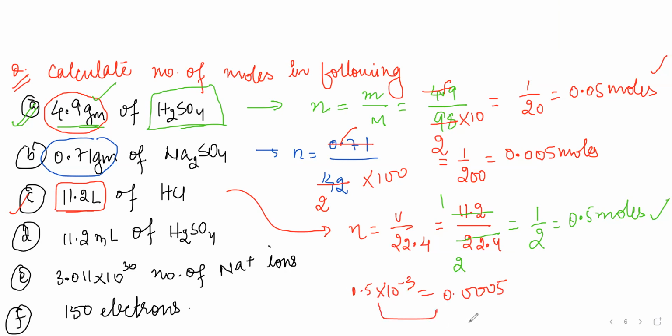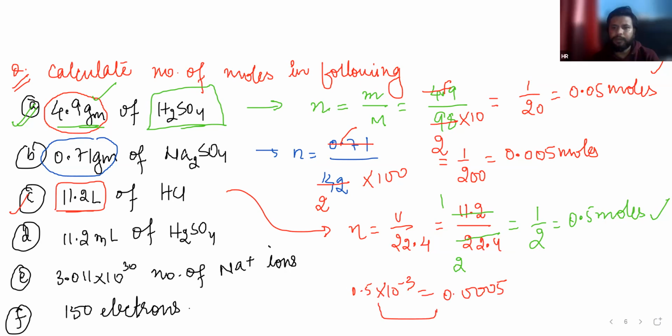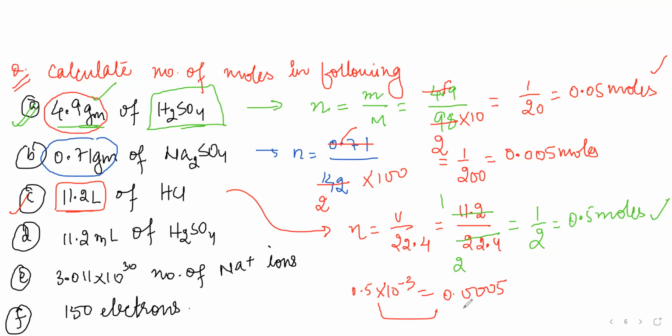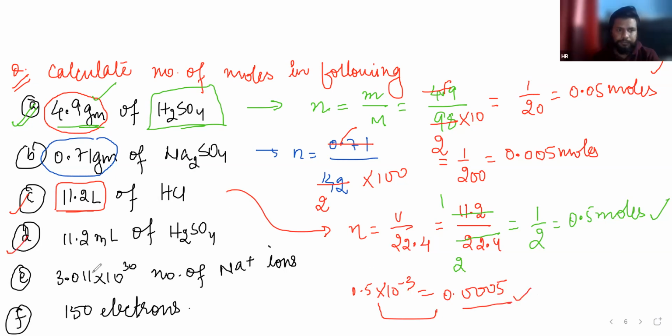Atasam, yes, sir. 0.5 into 10 raised to the power minus 3 is equal to 0.0005. Yes, sir. Okay. Good, Krishna. Abiva and Akash, if you have any doubt in these parts, let me know. I will explain it. Akash, don't be shy.